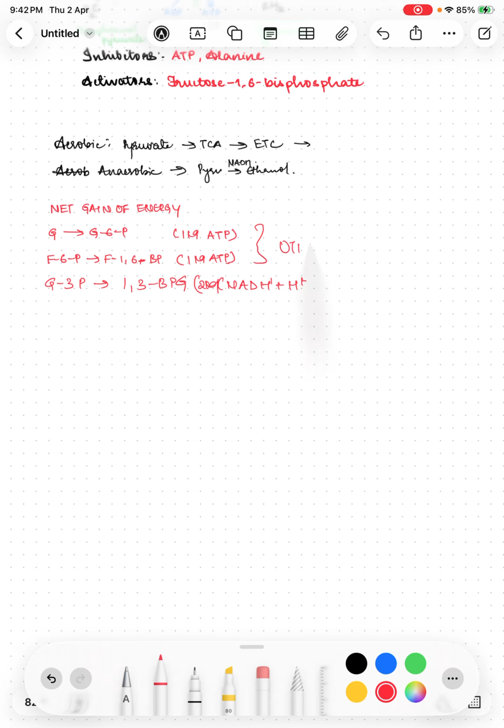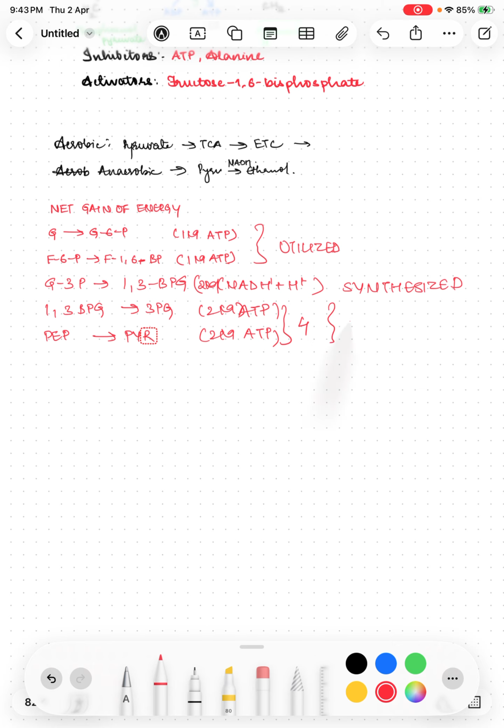During conversion of 1,3-bisphosphoglycerate to 3-phosphoglycerate, we synthesized 2 molecules of ATP, and in conversion of phosphoenolpyruvate to pyruvate, we synthesized 2 molecules of ATP. Now these are a total of 4 synthesized.